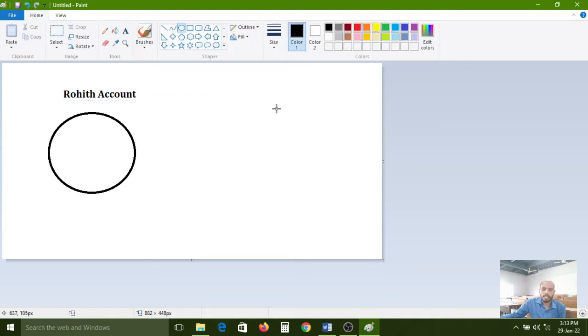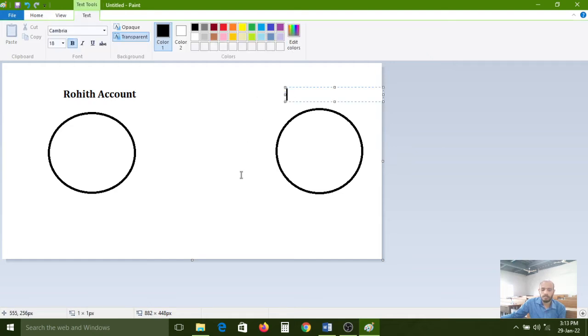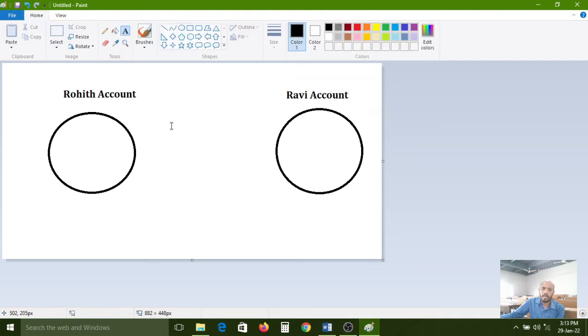And the second one is Ravi's account. Names are not mandatory, please concentrate on the concept only. Here we have two accounts. From Rohit's account, I want to transfer 100 rupees to Ravi's account.